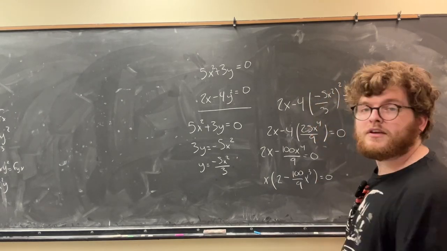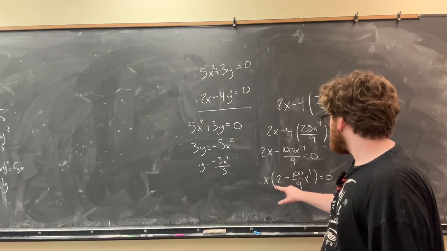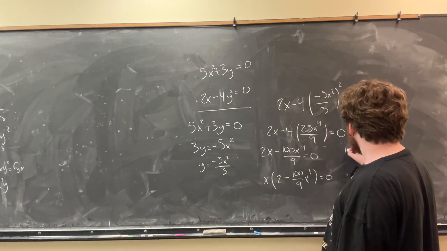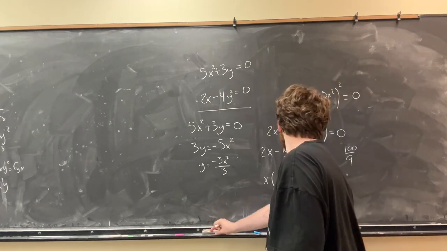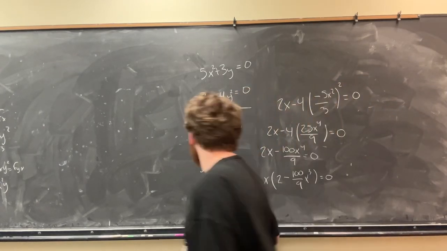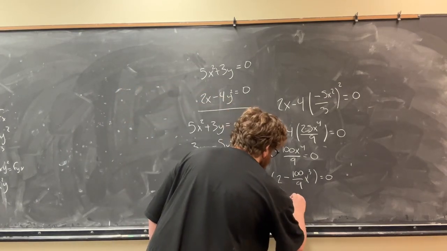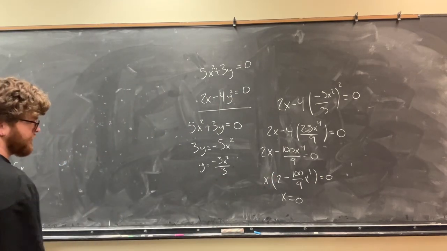I didn't necessarily make the prettiest of examples, but I can solve this. Actually, let me do this over on the clear side of the board. First off, I get x equals 0. x times something equals 0, so x equals 0 is a solution.